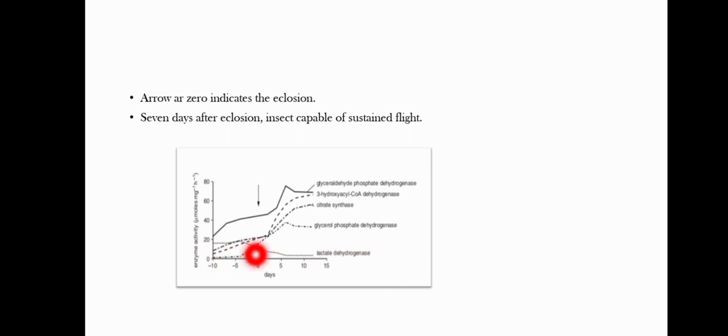Here zero indicates the eclosion, and by 7 days after eclosion most of the enzymes reach a plateau level. Their concentration is increased, and that is responsible for the insect's ability to fly. And at that time, lactate dehydrogenase is degenerated.